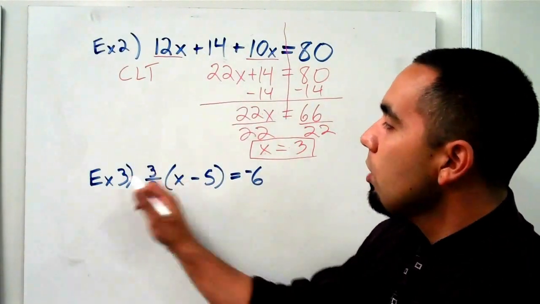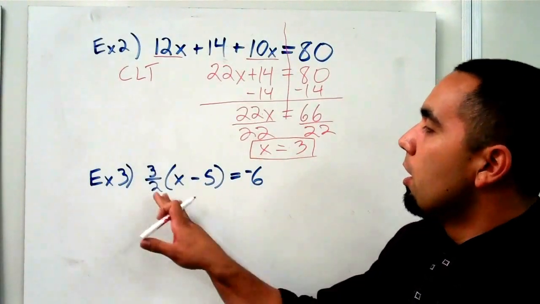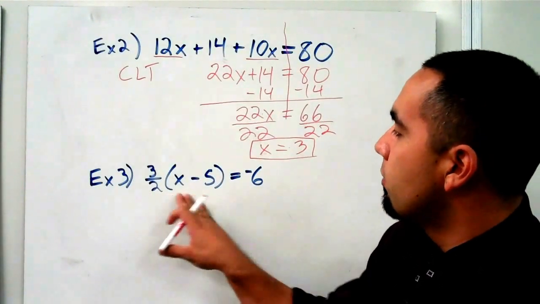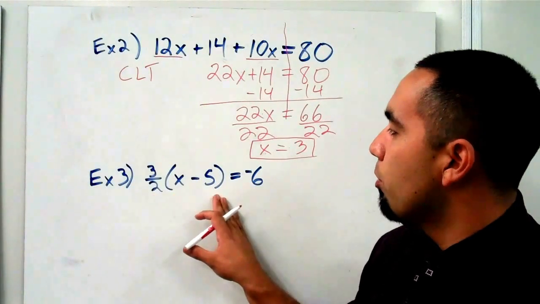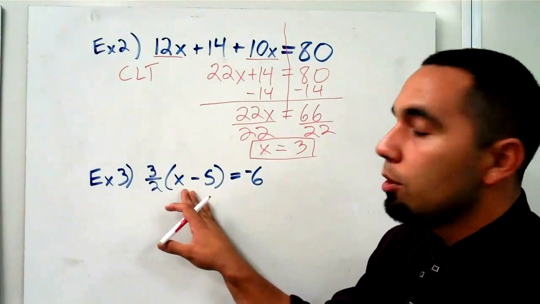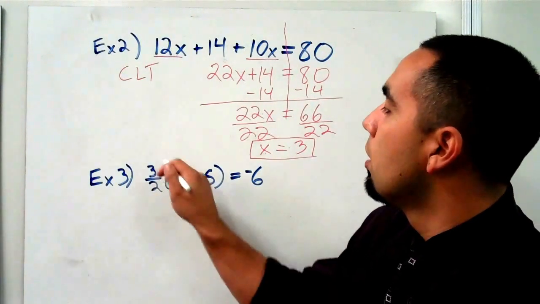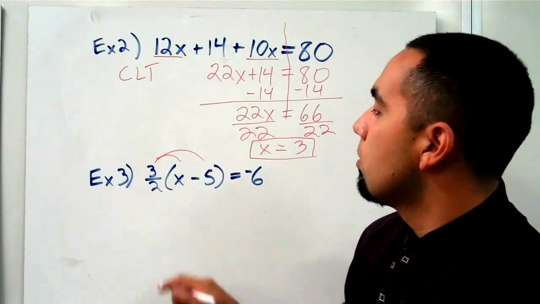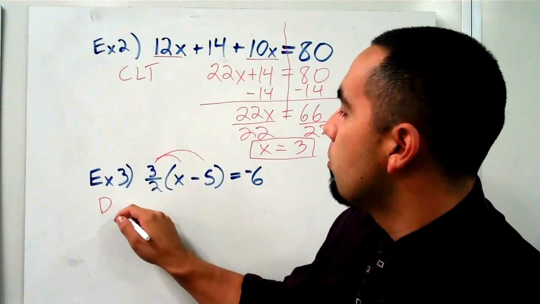Okay? Example number 3. You can see here that again I have a number outside of parentheses and unlike terms inside, so I'm going to distribute my number there. So I'm going to use the distributive property.